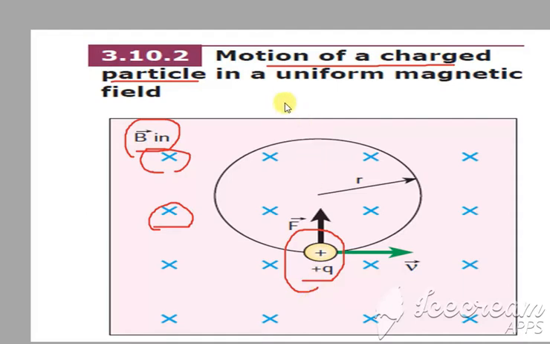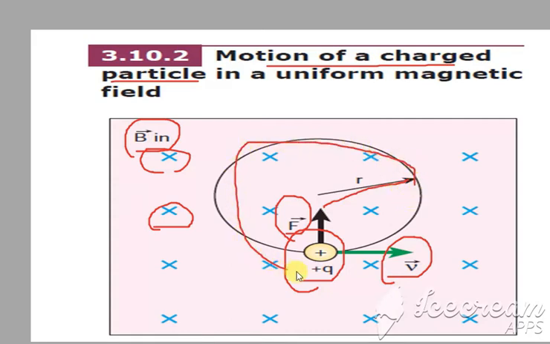Whenever this particle is moving, it experiences a force F, and it moves with the velocity V, and this is moving in a circular path. This particle is moving in a circular path, and that path has a radius r.